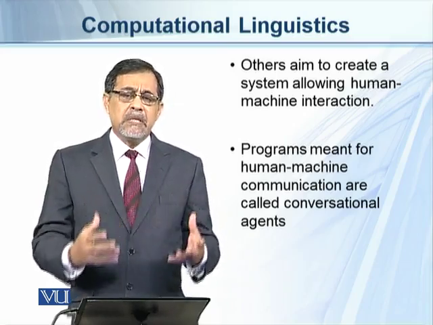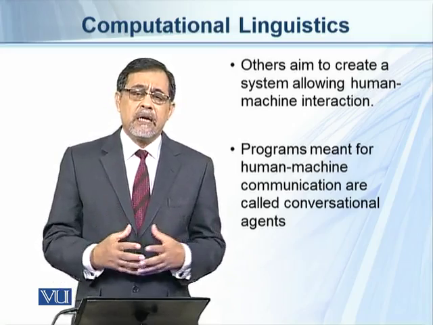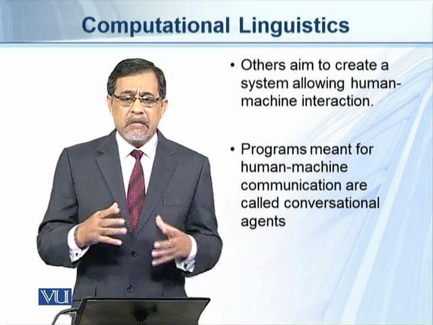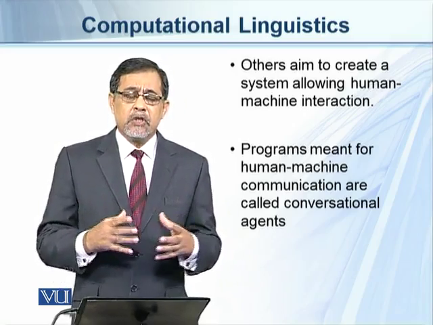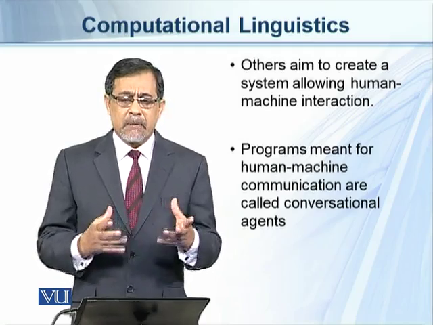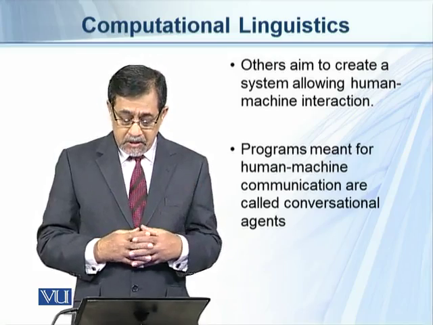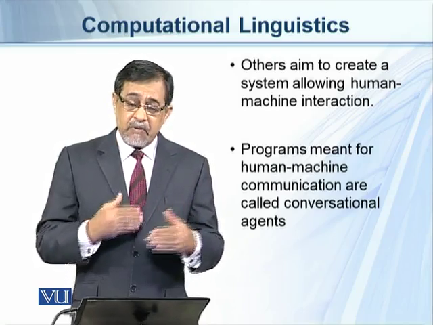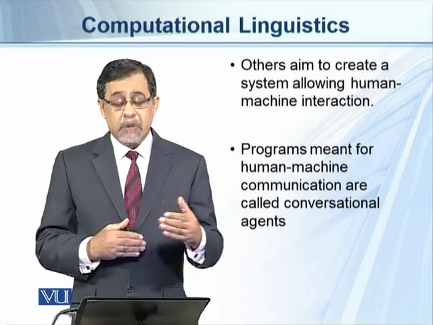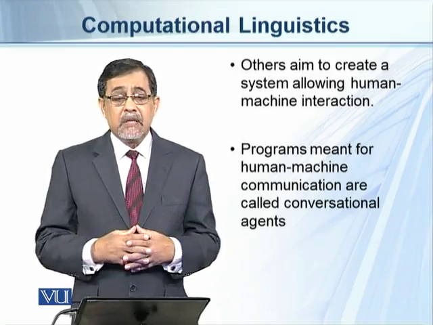There has been a little success in this regard, and there has been communication between man and machine to some extent, and this conversational communication between man and machine is called conversational agents.